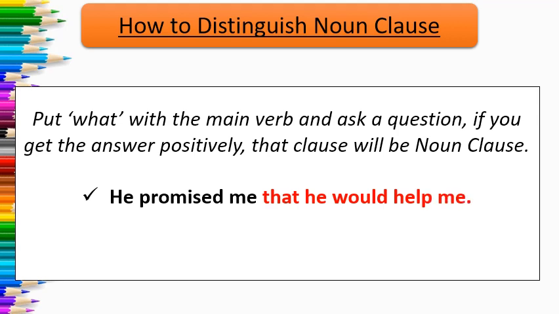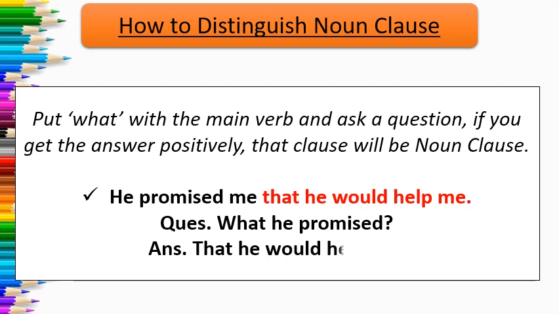So here the main verb is promised. So let's ask a question. What did he promise? The answer is that he would help me. So according to the answer, we get a positive answer. So that he would help me is here a noun clause.